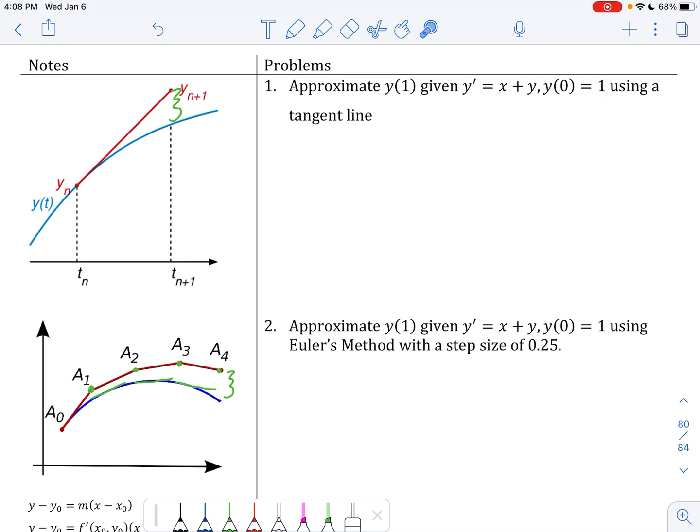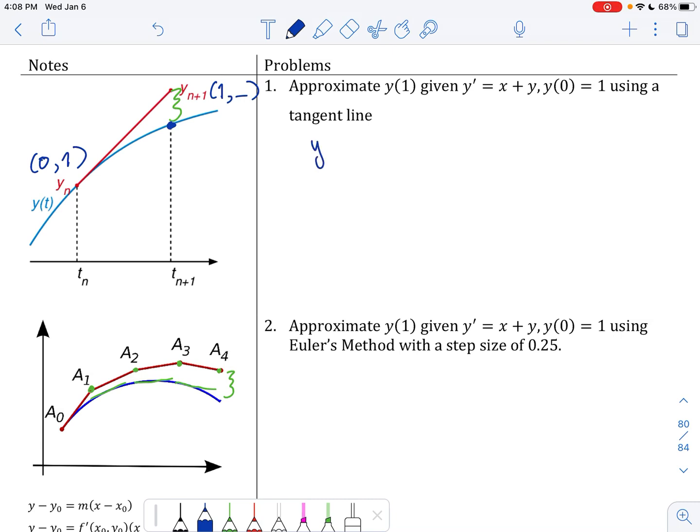If we're looking at this drawing here, which doesn't match the problem but helps illustrate it, we're given this original point (0, 1). We want to approximate what's happening here by using the estimate at x equals 1, and we'll find the answer there.